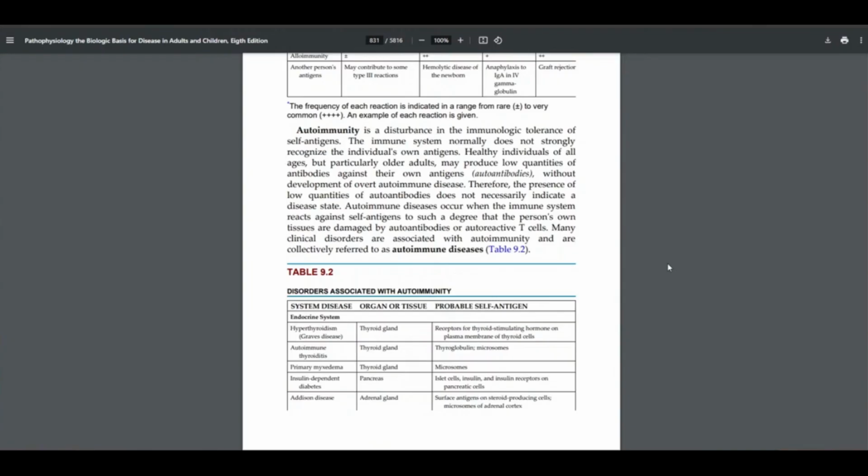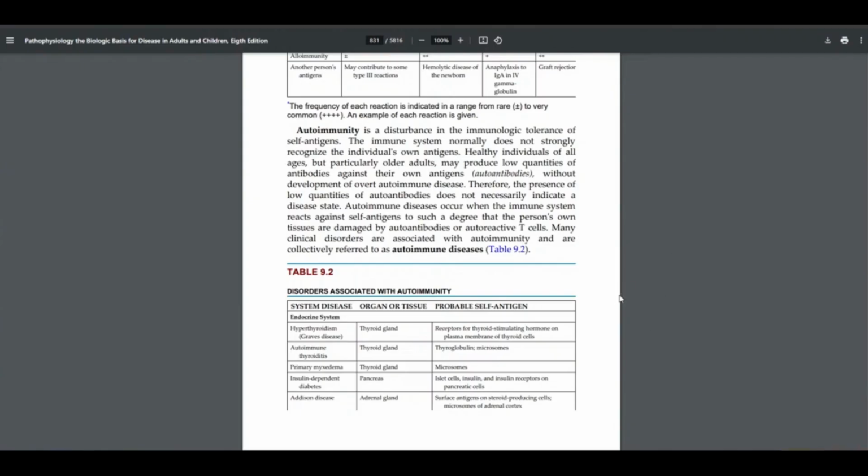Therefore, the presence of low quantities of autoantibodies does not necessarily indicate a disease state. Autoimmune disorder occurs when the immune system reacts against self-antigens to such a degree that the person's own tissues are damaged by autoantibodies or autoreactive T cells. Many clinical disorders are associated with autoimmunity and are collectively referred to as autoimmune diseases.